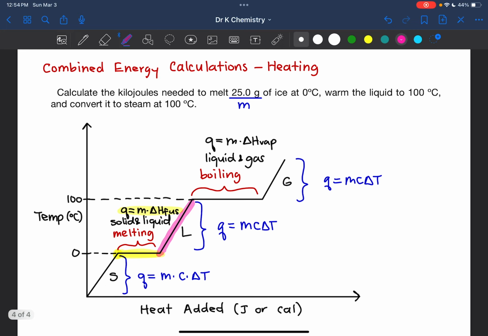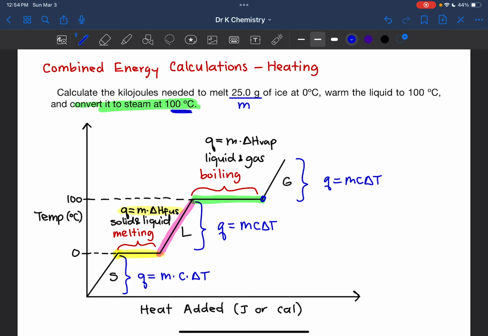And the last thing we need to do is convert that water into steam at 100 degrees Celsius. Now at 100, we have the boiling point of water. So that is the region of the heating curve that we are dealing with here. We're going to boil it to convert it into steam. And then we stop there because it's saying that this is happening at 100, which is right here. So we're not going past that.